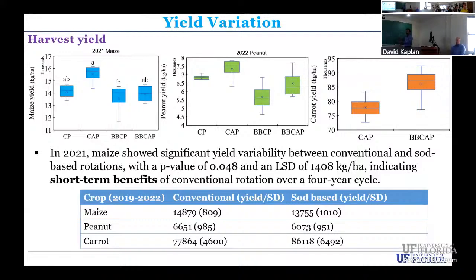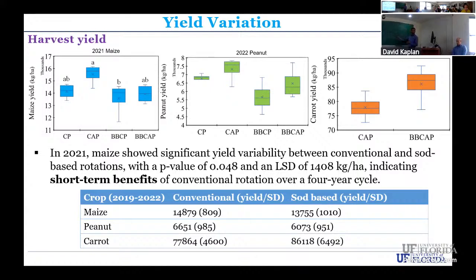But on a shorter term, conventional definitely has higher yield in corn and peanut. Again, not significantly higher with peanuts, but it's higher on the conventional side versus the bahiagrass or crop rotation side.